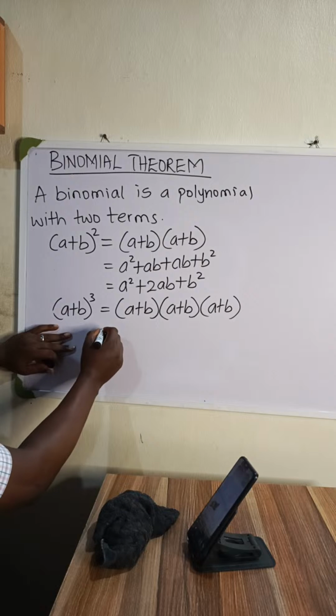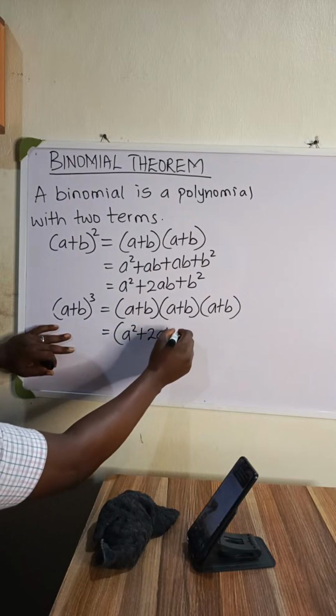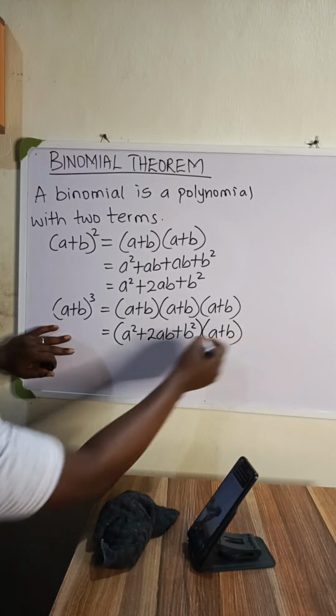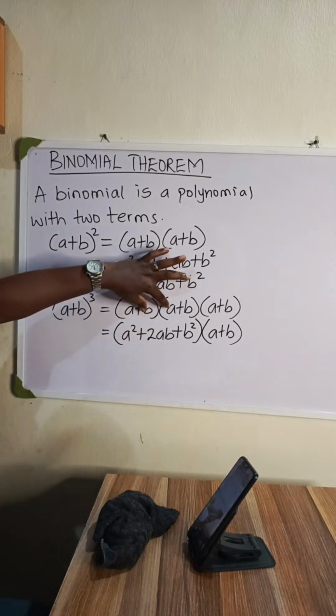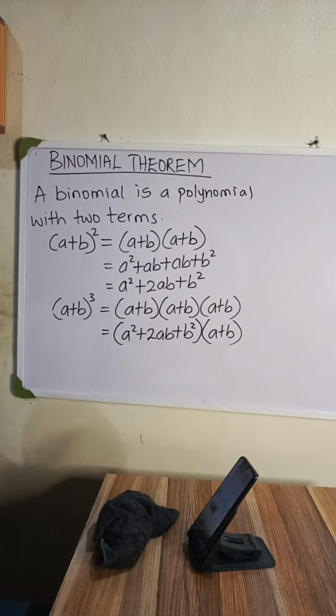So this is going to be (a squared plus 2ab plus b squared) multiplied by (a plus b), because these two will give you this. So we can simply multiply this by this, right?